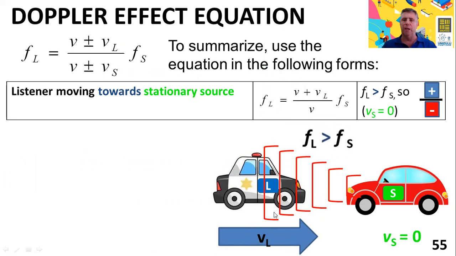But now we expect again that the frequency observed by the listener will be greater than the frequency of the source because they are moving towards each other. For greater than, we need plus over minus. So we simply choose the version with the plus sign at the top and the minus sign at the bottom, which we don't see because Vs equals 0, and that term has disappeared.